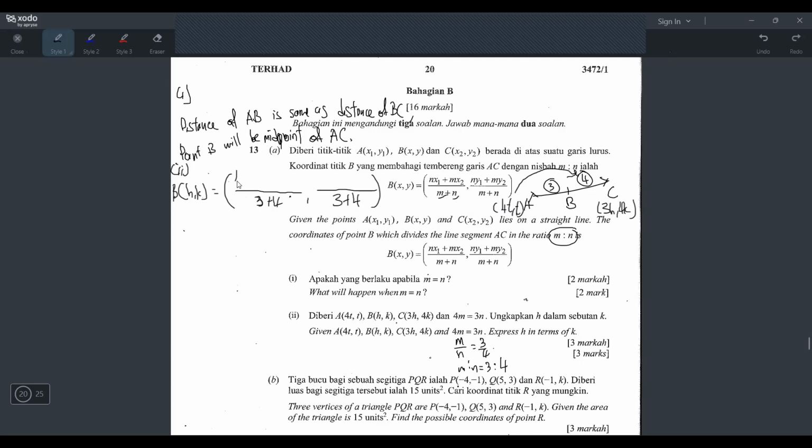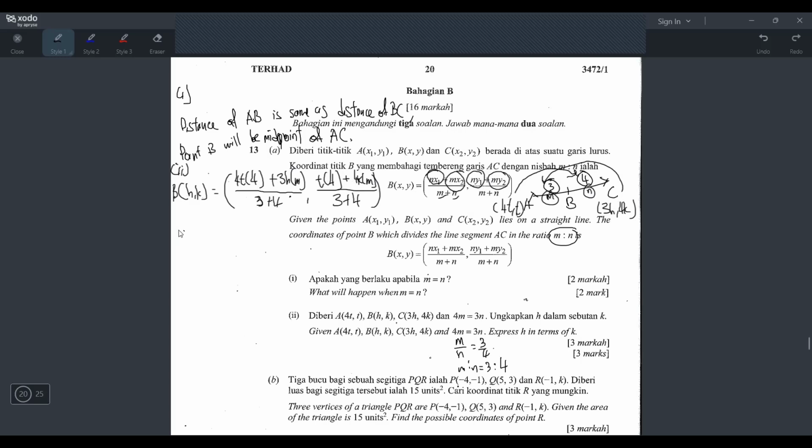So you write 4t times 4, t times 4, which is the same as saying n times x1, n times y1. And then now you take point C times with the m just now. Okay, this is m, this is n. So you are taking 3h times m, 4k times m. That's why it says here m times x2, m times y2. So you write m times 3h, or 3h times m is the same thing, and 4k times m, or m times 4k is the same thing. All right, and if there's nothing in between, you write plus.